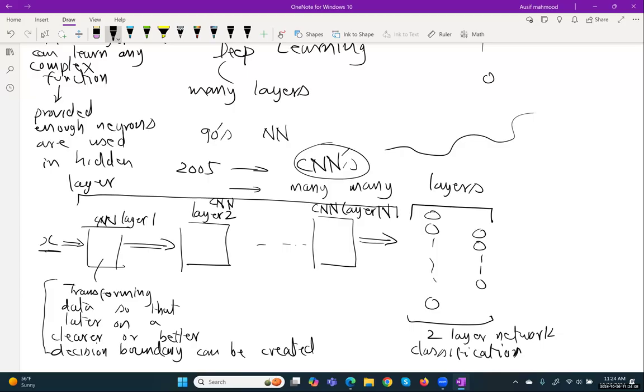In all of these cases, if it is a classification problem, there will be a two-layer network involved at the very end, which will take a look at all these refinements that we did to the data so that it can easily separate them out into the classes, okay? So at a high level, that is the idea behind deep learning.